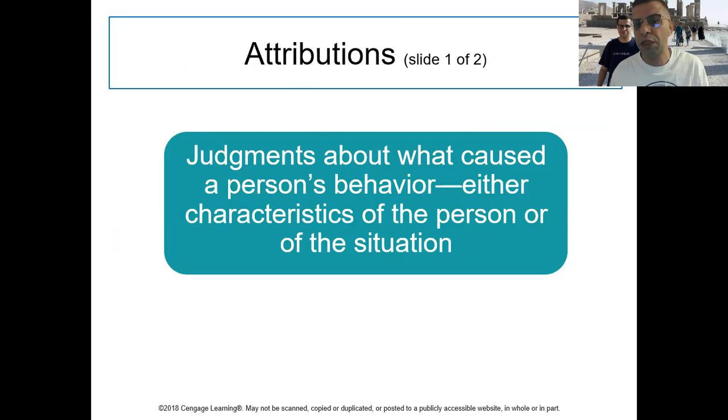But we need to know what attributions are. Attribution is the judgment about what caused the person to behave that way. What is causing that behavior, either a characteristic of the person or the situation. And we do that a lot.